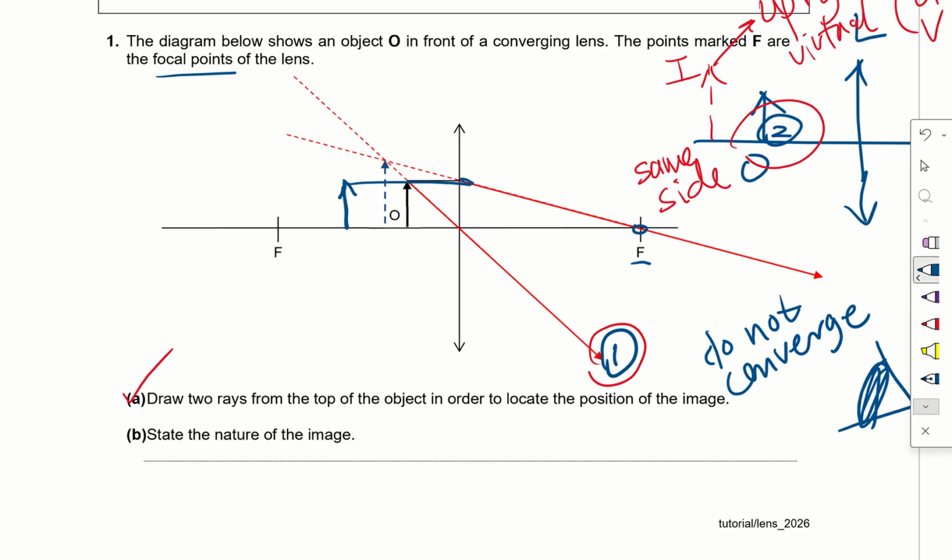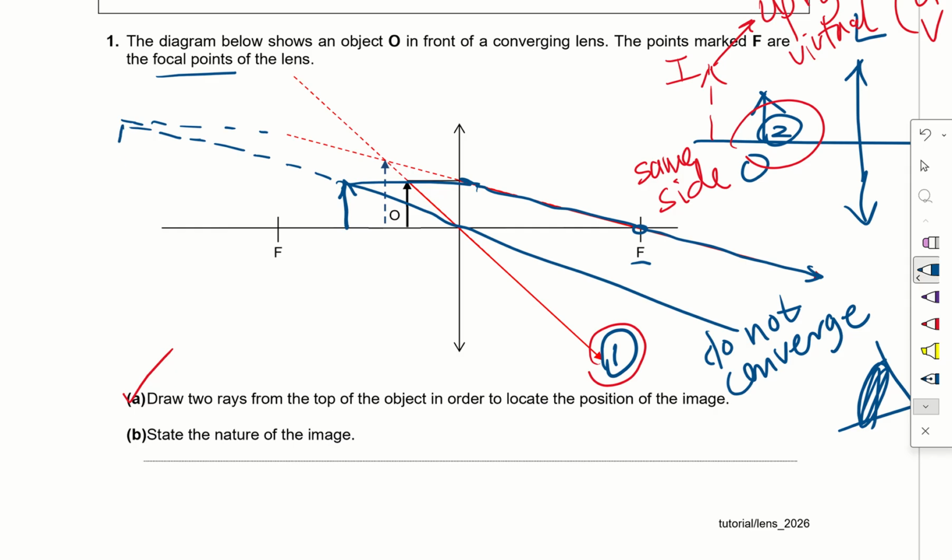That means I can reuse this light ray here. But if I draw the one that passes through the center, you'll see that they will converge at a further place.